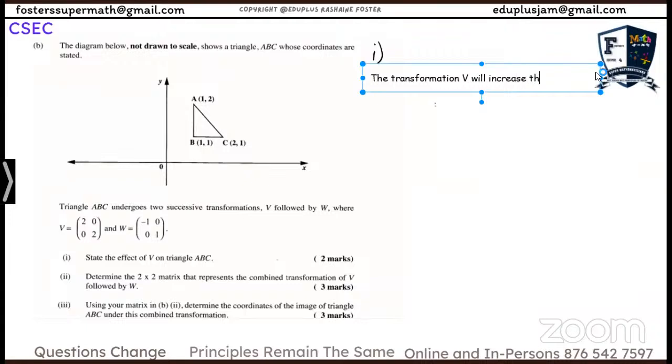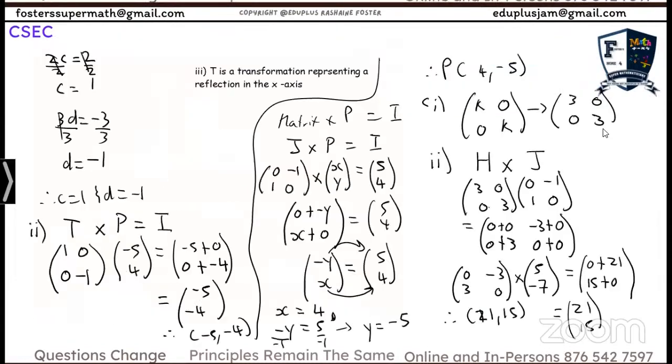We will increase the size of ABC by what? By a scale factor of, come on, there is V right there. It's very obvious, by a scale factor of 2. We just did an enlargement question where I wrote the formula and told you that K represents a scale factor.